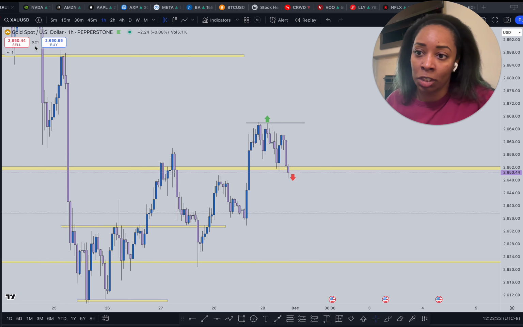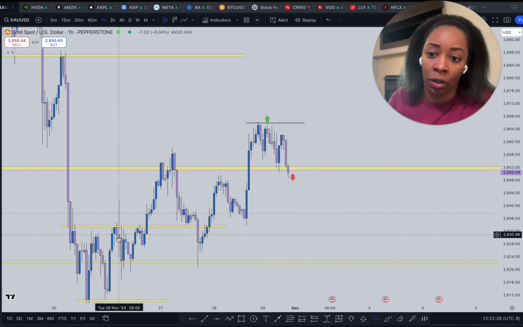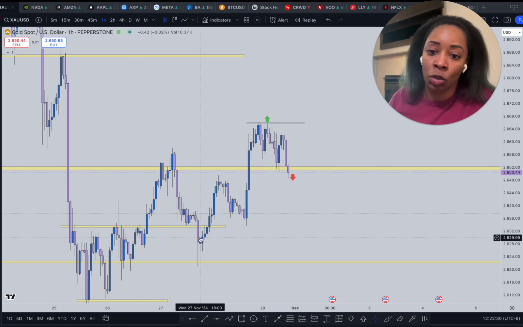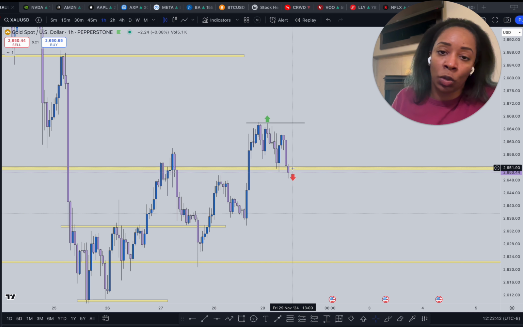So as we saw this past week, it came down with a lot of volume, an insane amount of volume, consolidated, and then tried to break out of this, and it did break out, but now we're back at this key level. So I am going to wait and see what happens maybe Sunday night, and probably won't take a trade till I see some more data on Monday, and then maybe even Tuesday take a trade.